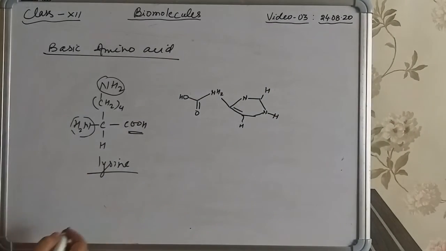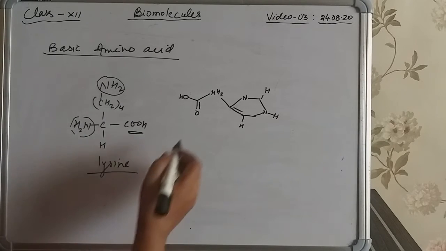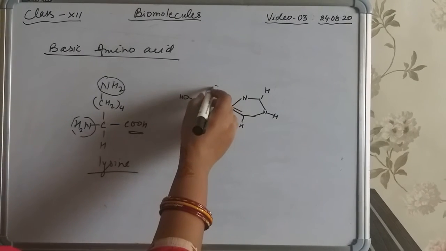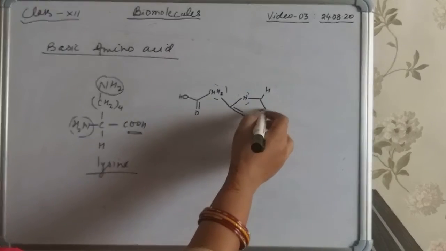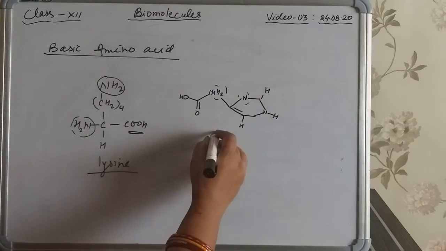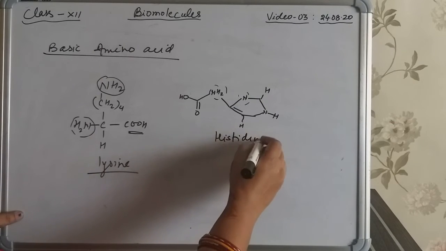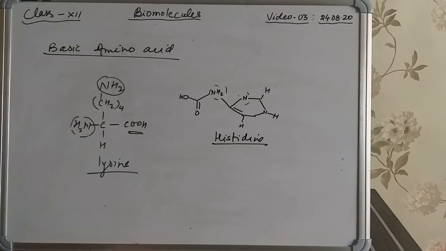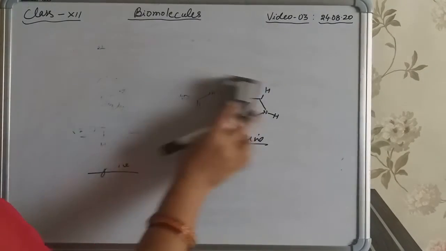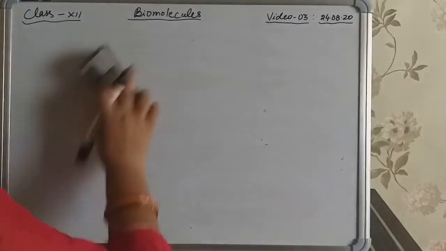So there are more amine groups in comparison to acidic groups, one here and one here. So in this way you can learn the names, not the structures, of the basic amino acids and the acidic amino acids.